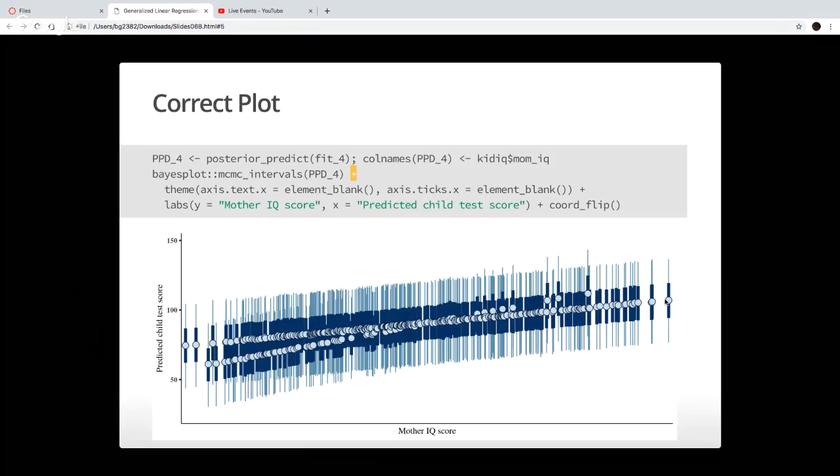You can change all of those when you call mcmc_intervals. But anyway, this is sort of saying, well, sure, there seems to be somewhat of a linear relationship, but the 90% intervals basically span more than 60 or so, usually, IQ points for the baby.